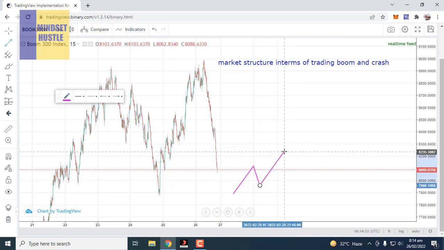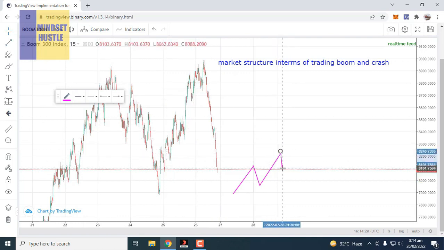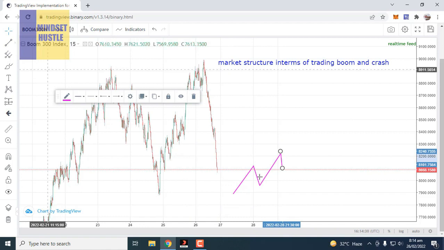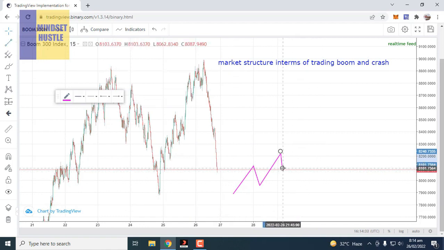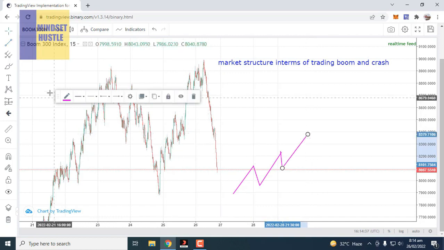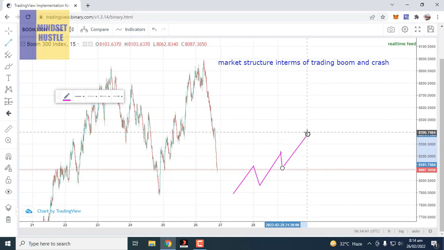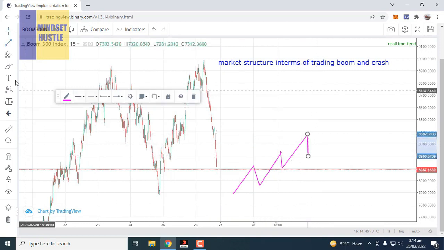As it goes up, it makes a series of highs and lows. Now as the market makes this series of highs and lows, it is forming something we call structure and breaking structure at the same time.